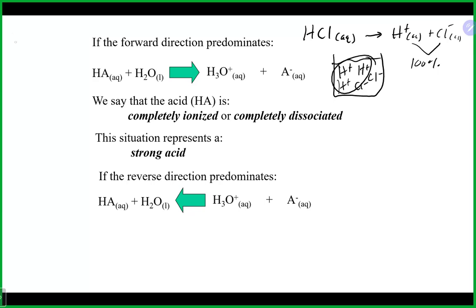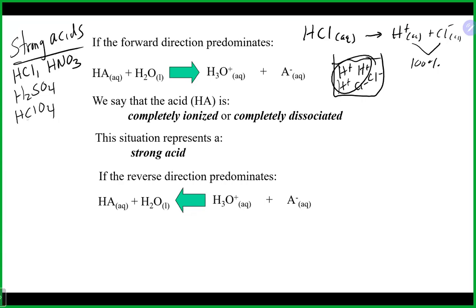There is a list of strong acids, which is a good list to know, because you could use this list to help you decide whether or not something is a strong acid, just by process of elimination. Hydrochloric acid is a strong acid, nitric acid, sulfuric acid, perchloric acid, hydrobromic acid, and hydroiodic acid.